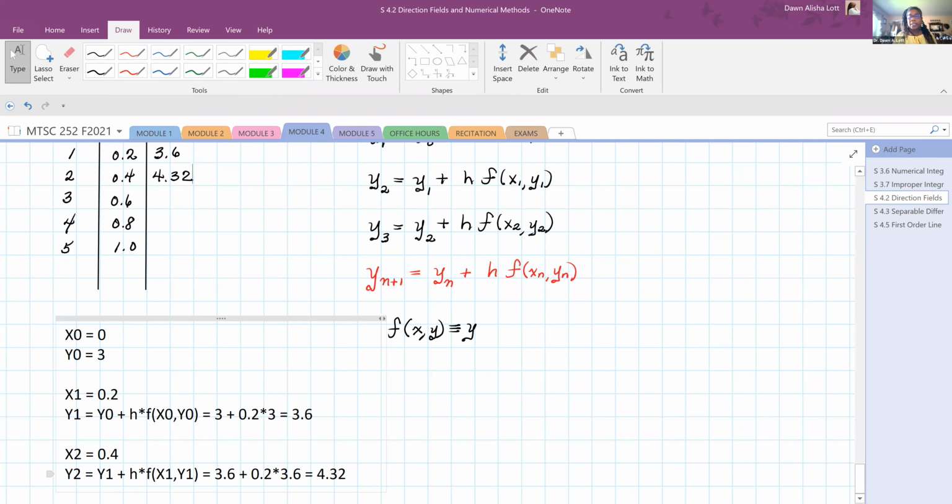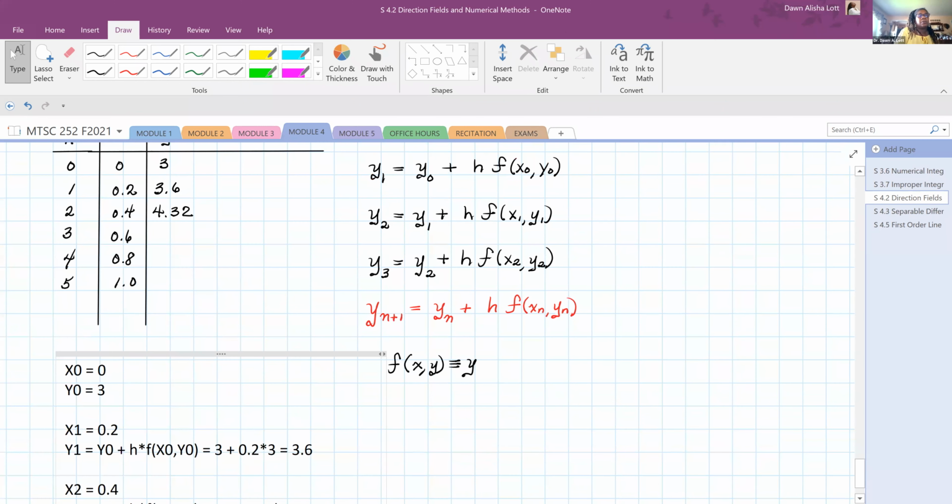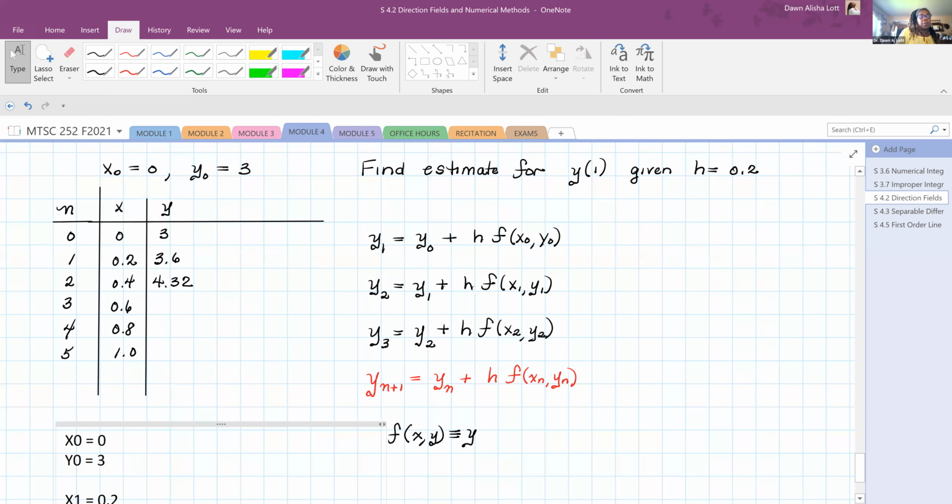So that's what y2 is. Now let's find x3. X3 is just 0.6. I can see that from when I drew in what my x's were.